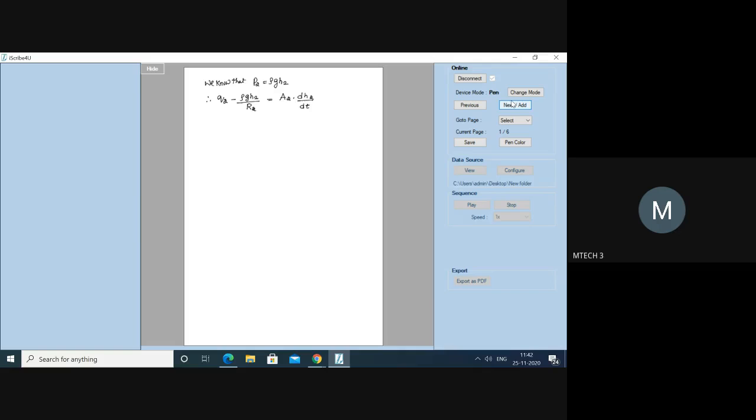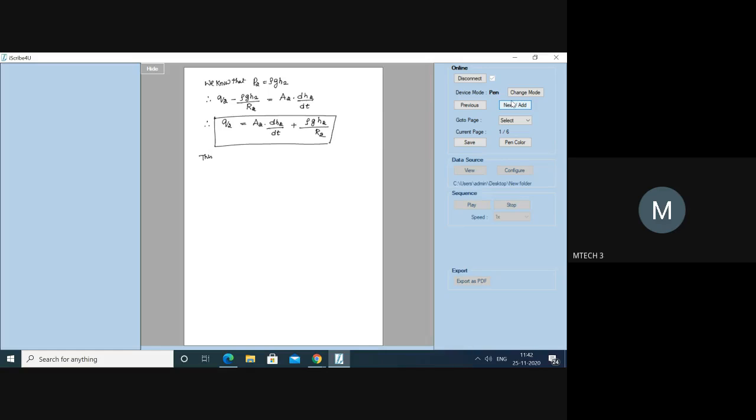Therefore, Q2 is equal to A2 dH2 by dt plus rho G H2 by R2. Are we clear up till here? Yes, sir.